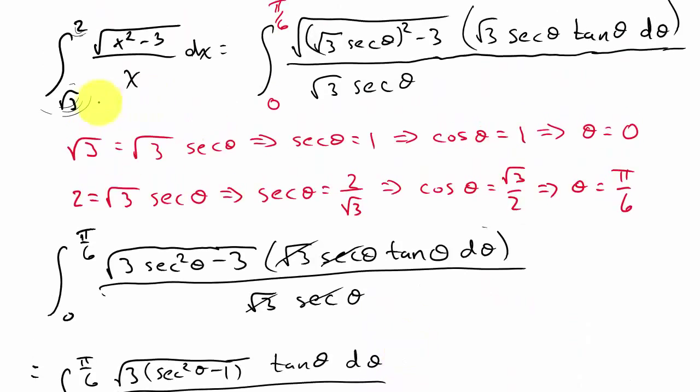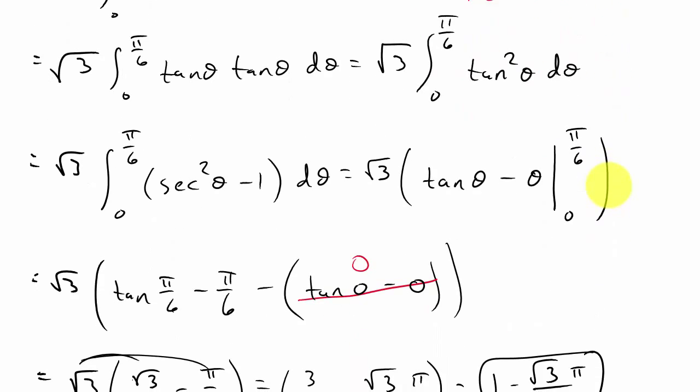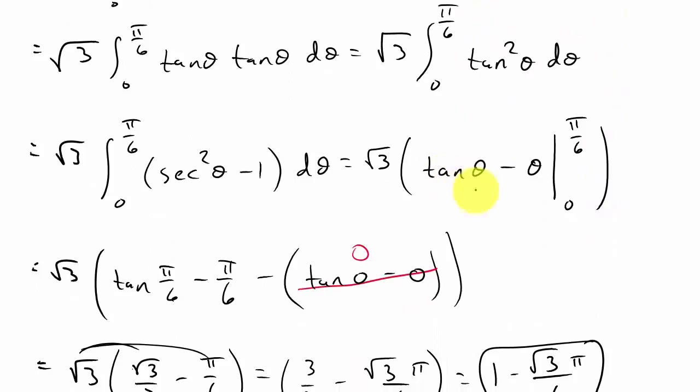So what I did is I converted my limits from x values to values of theta, okay, by doing this right here. Okay, if you want to check out some videos where after I evaluate it and then put it back in terms of x, you can check out my first 3 videos because there's no limits on the integrals there. So you can check those out if you want to see that.